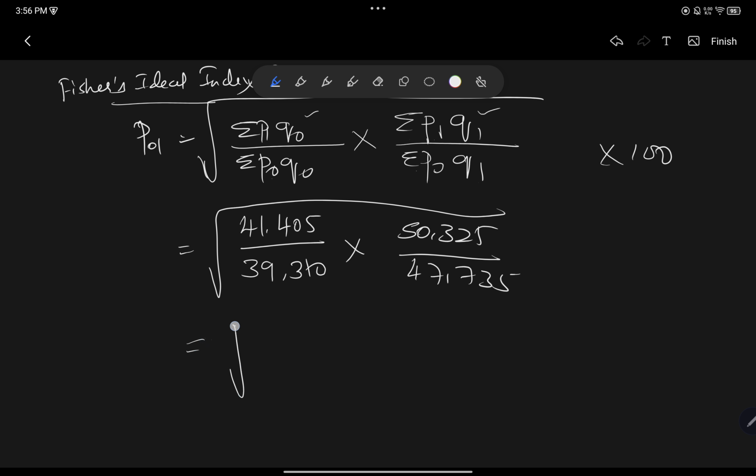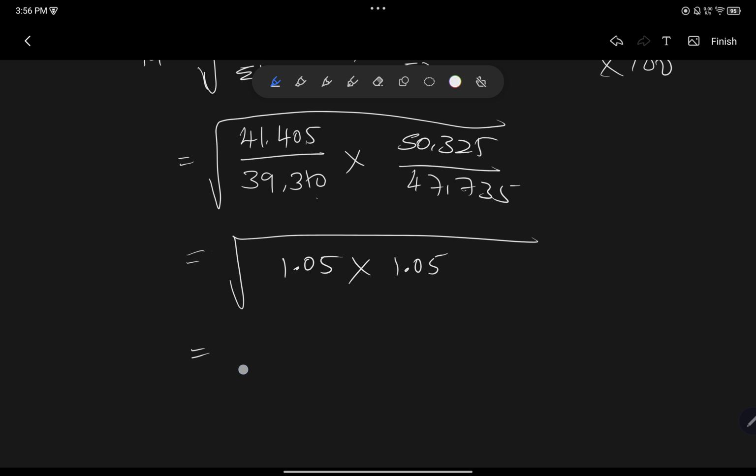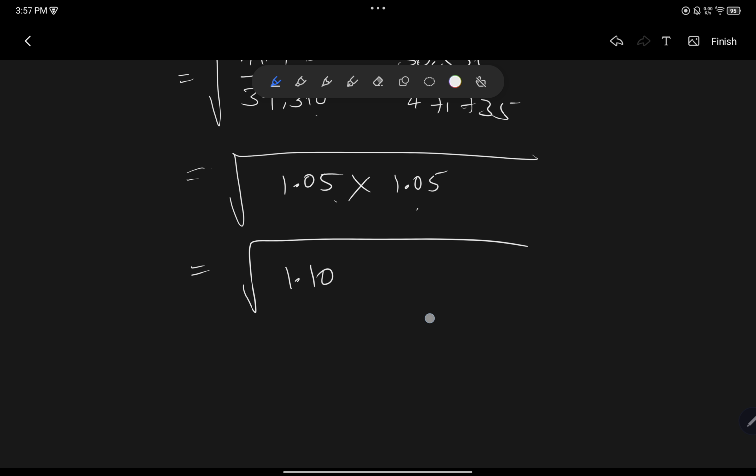Now what we need to do is first divide these two. 41,405 divided by 39,310 is equal to 1.05. Now next divide these two. 50,325 divided by 47,735 is again 1.05. Now multiply these two first. 1.05 into 1.05 is 1.10.